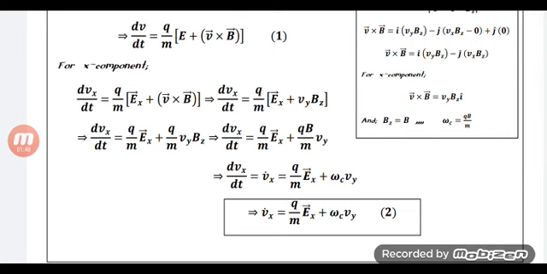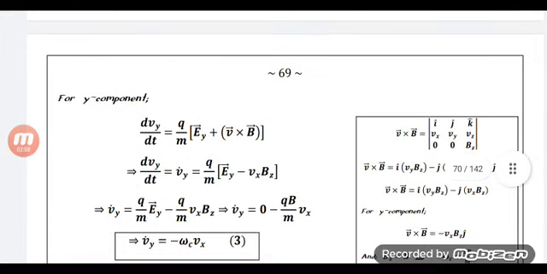Dvx over dt is equal to q over m Ex plus omega c vy. Equation 2.